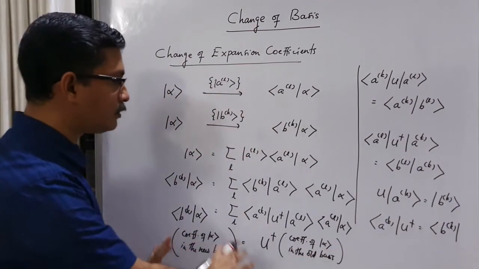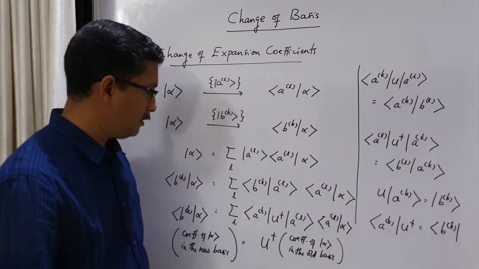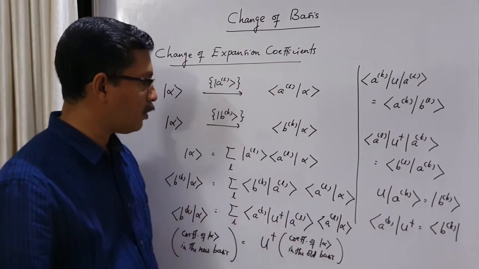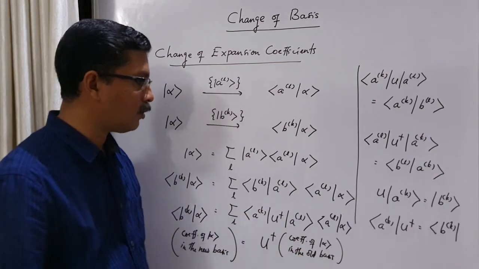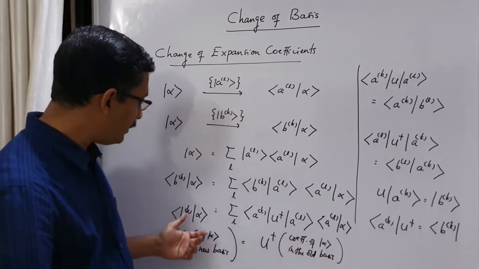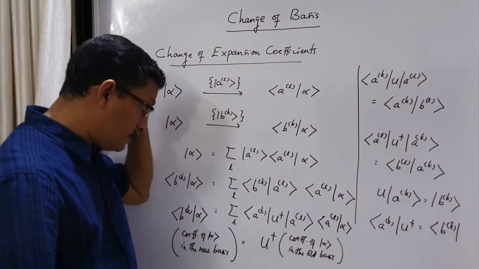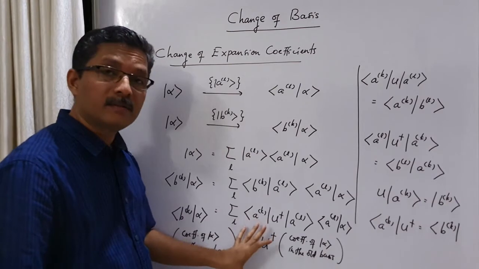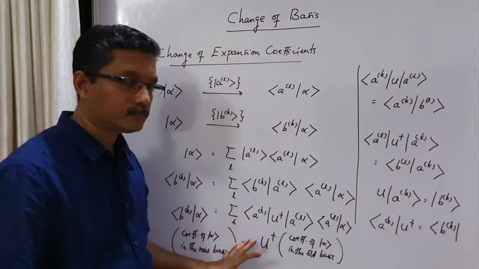So this is how the coefficients are connected. If you get the matrix of coefficients in the old basis, a column matrix, and the matrix of coefficients in the new basis, they are connected by the matrix of U dagger.